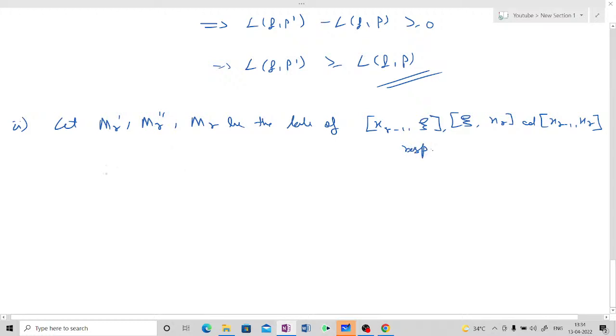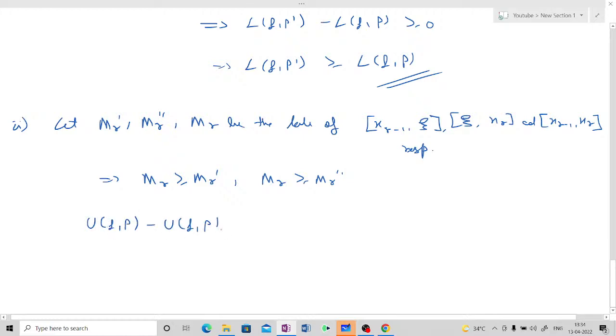Clear? And from here it is evident that mr is greater than or equal to mr prime and mr is greater than or equal to mr double prime. Clear? Got it?